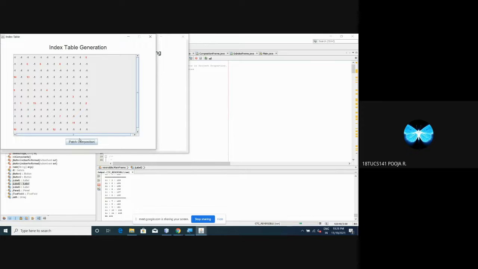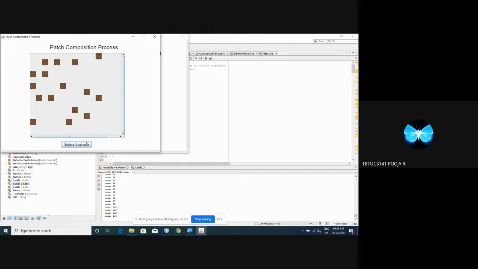You can see the colorful index. The index in red color is the place where the data is getting attacked. Here we do patch composition, where these images get replaced in that index.